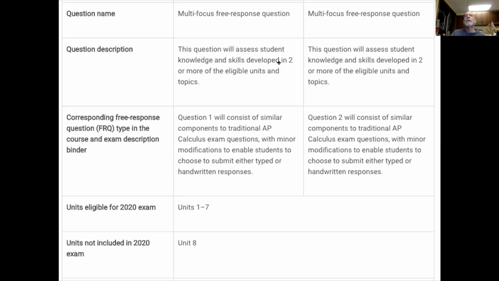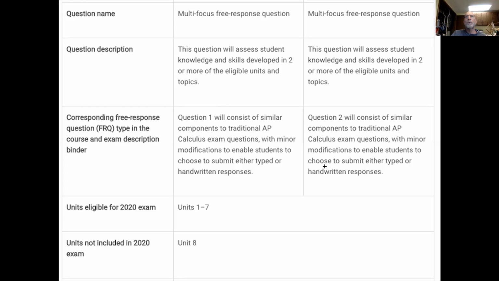I think so. So they're both multi-focus, which means there's parts A, B, and C, probably D. And so the questions will assess student knowledge and skills developed in 2 or more eligible units and topics. Question 1 will consist of similar components to traditional AP calculus exam questions with minor modifications to enable students to choose to submit with either typed or handwritten responses.